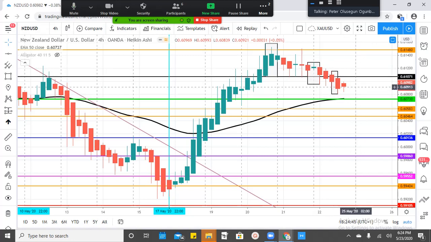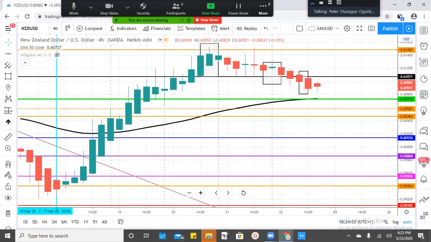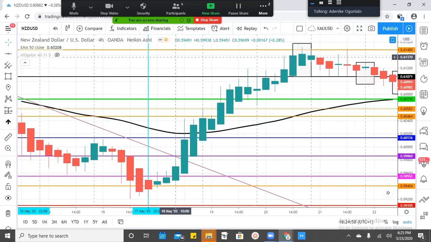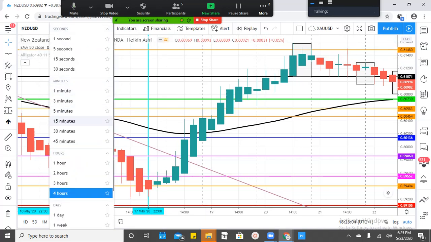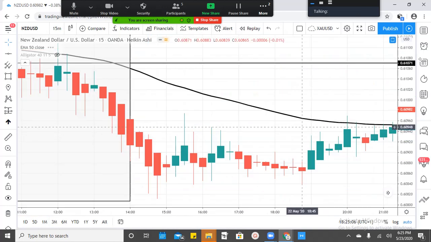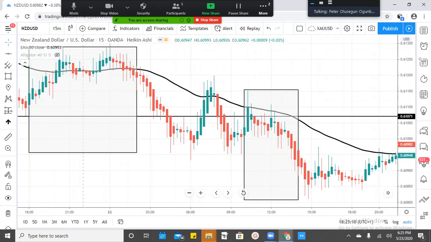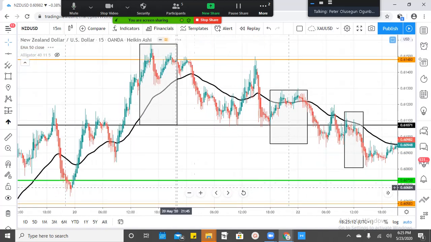Now, for anybody that has not joined this trade, we'll see how to enter it. So all I want to do first is to enlarge. Let me look at 15 minutes. So that's the 3 boxes. Good.